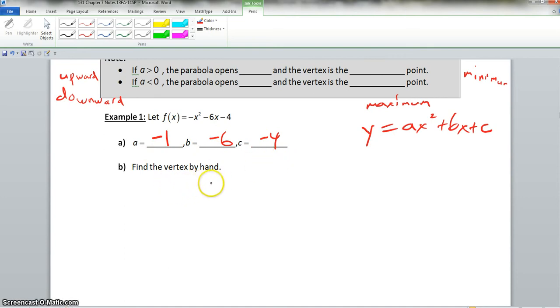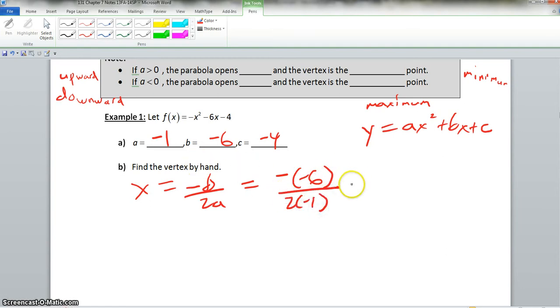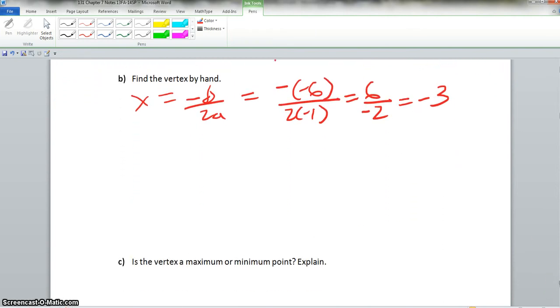Now it says find the vertex by hand. So we have x equals negative b divided by 2a. We know b is negative 6, and a is negative 1. The opposite of negative 6 is positive 6, and 2 times negative 1 is negative 2. So our answer here would be negative 3. So the x value of our vertex is negative 3.